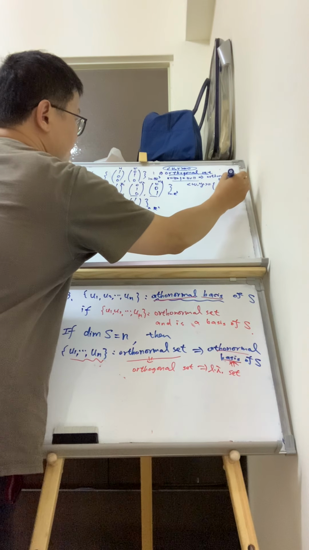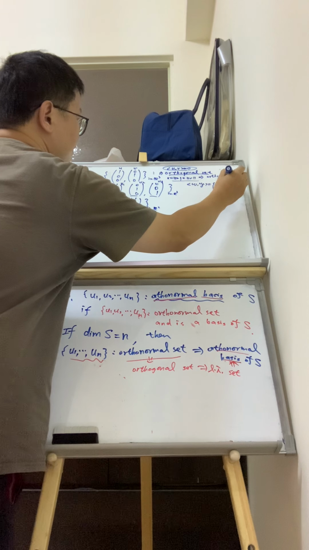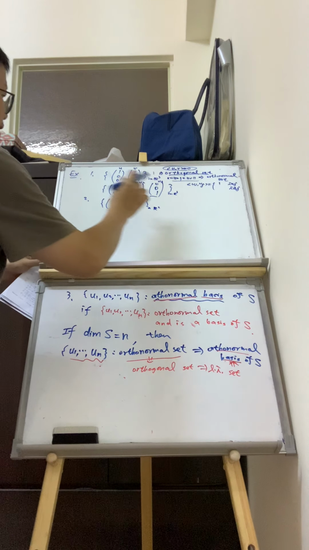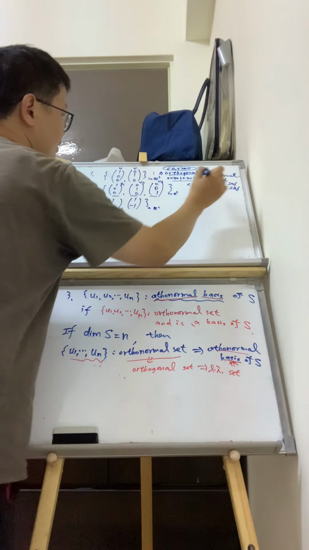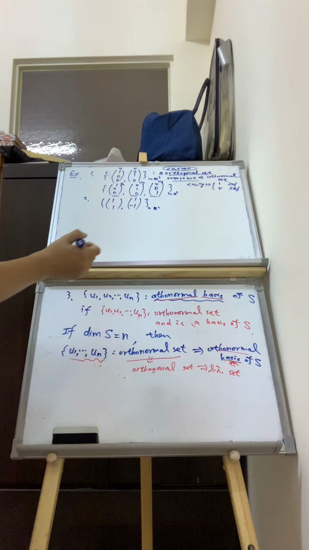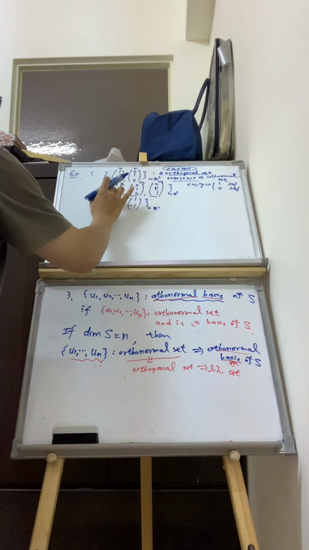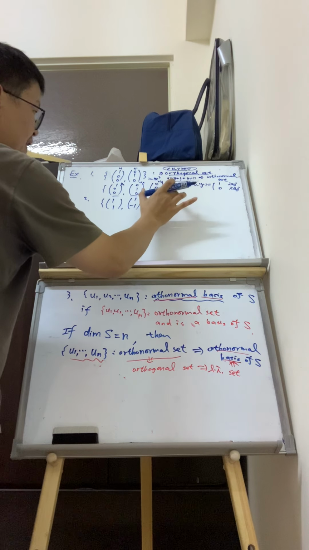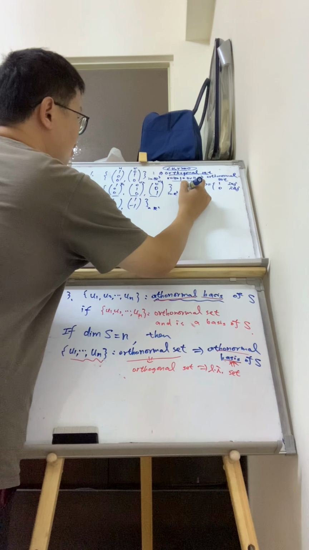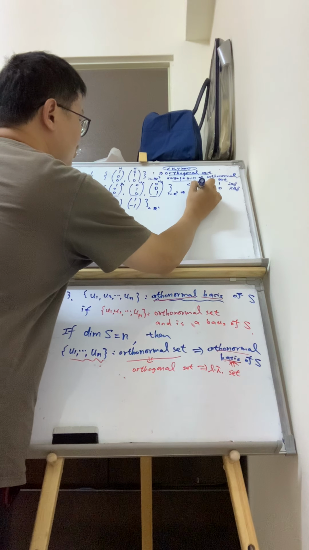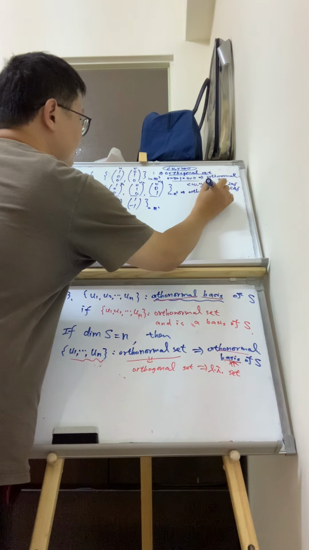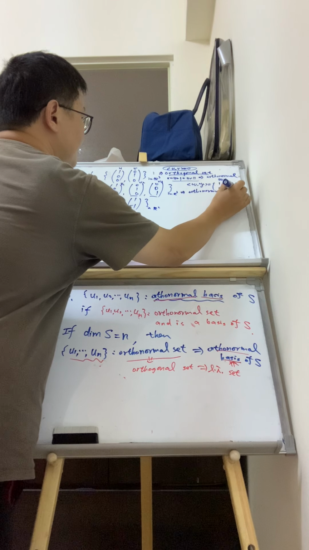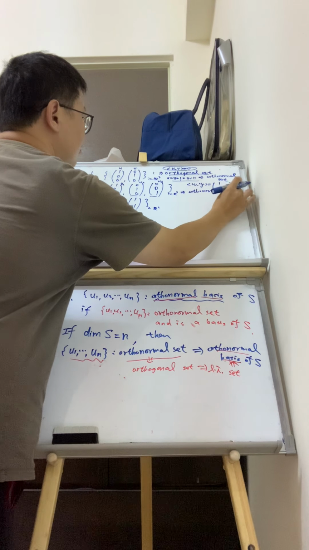And if i is not equal to j, the inner product equals 0. So in other words, it's an orthonormal set, with three vectors in R3 space.